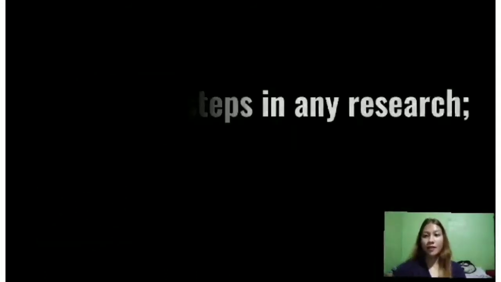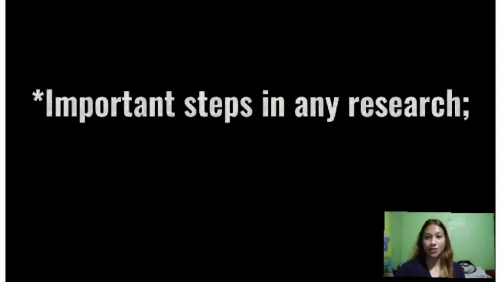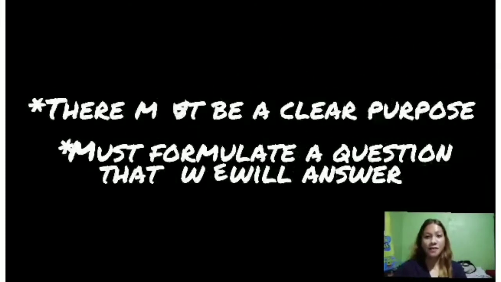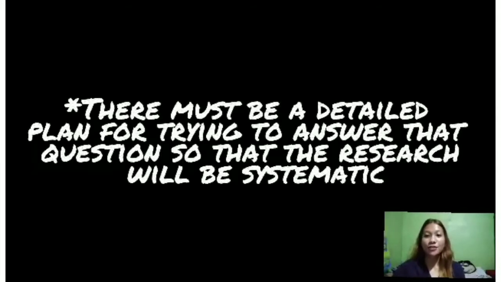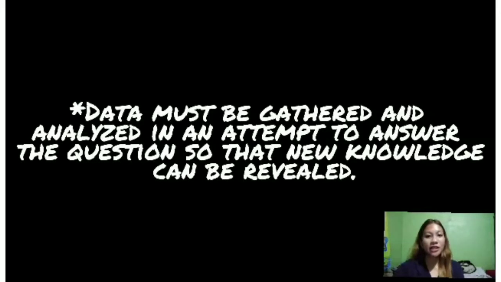There are several very important steps in any research. First, there must be a clear purpose. We must formulate a question that we will answer. Second, there must be a detailed plan for trying to answer that question so that the research will be systematic. Third, data must be gathered and analyzed in an attempt to answer the question so that new knowledge can be revealed.